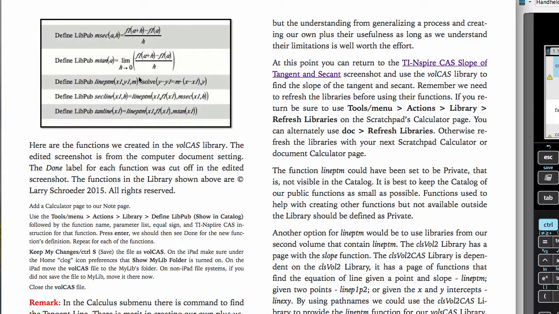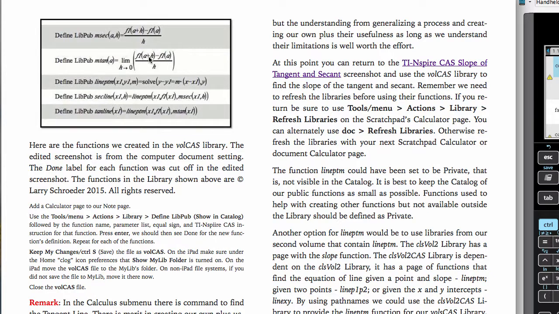And then by plugging in x sub 1 and y sub 1 to be x sub 1, f of x sub 1, and then for the slope, we plugged in the slope of the secant line. We could come up with the equation of the secant line. Doing the same thing for the tangent line, if we plugged in the slope of the tangent line, we could come up with the equation of the tangent line.